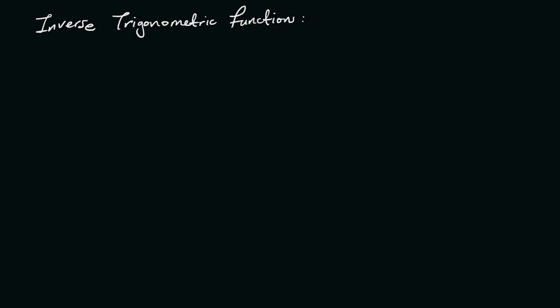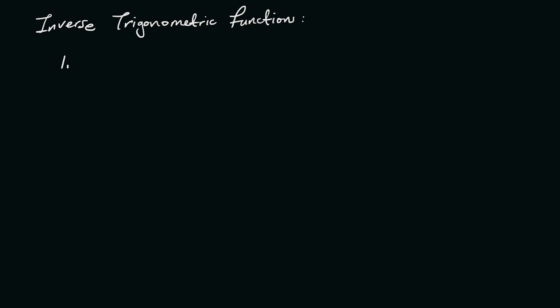There are two ways of writing the inverse of these functions. One is using the notation with the -1 as an exponent, but the other way is just using arc, like arc sine, arc cosine, arc tangent, right? So those are the two ways. I'm going to write both of them just so that we're all clear on them.